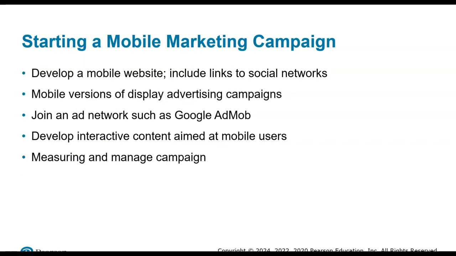So in terms of how you start a mobile marketing campaign, first of all, your site or your web presence needs to be accessible in a mobile format, whether it's an app or a mobile website. You probably also want to make sure you tie into your social networks. And again, the same ad networks that are helping us target users at home can help us target them based on a more detailed profile, based on knowing more about the consumer's habits.